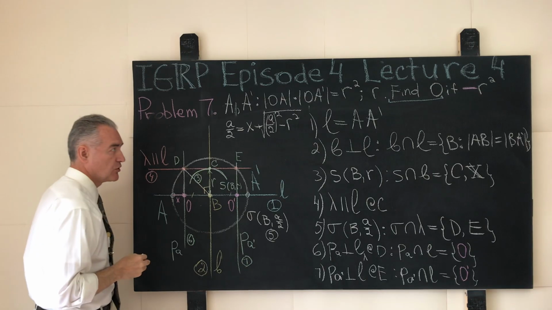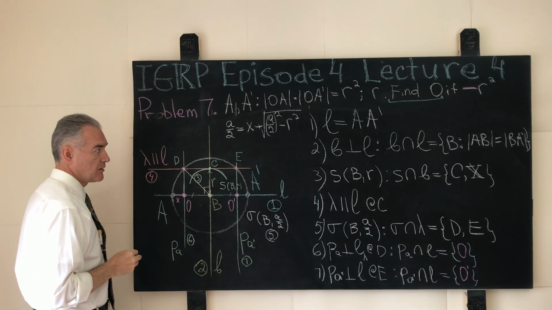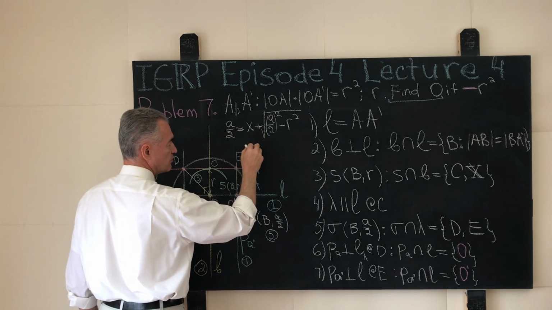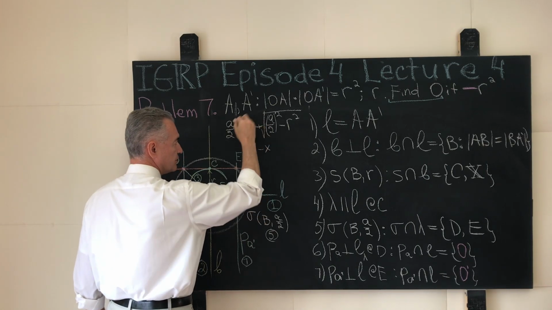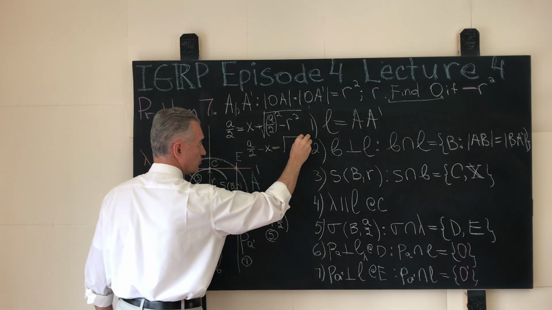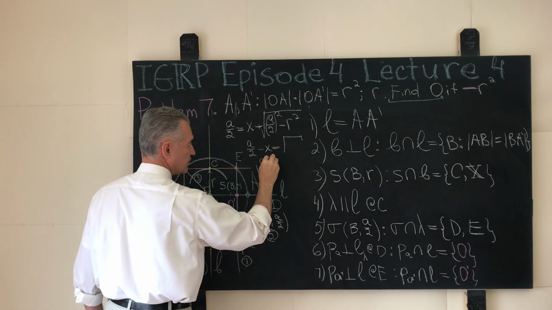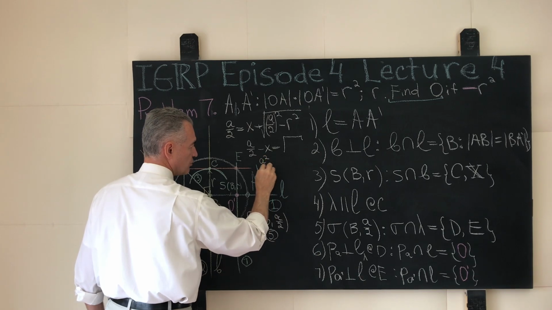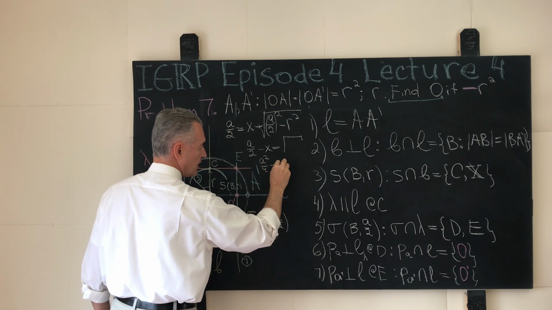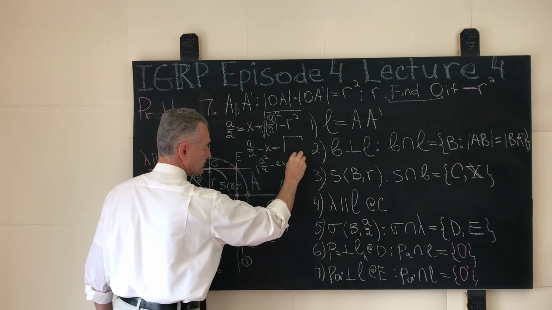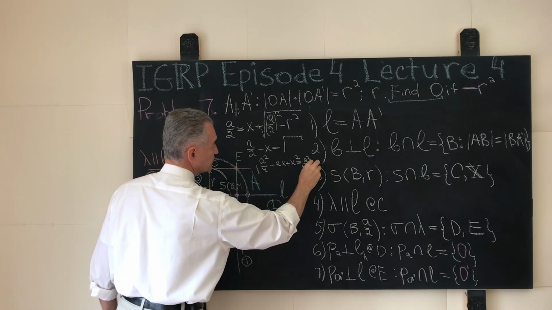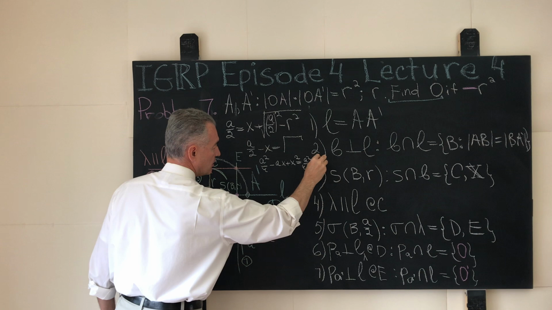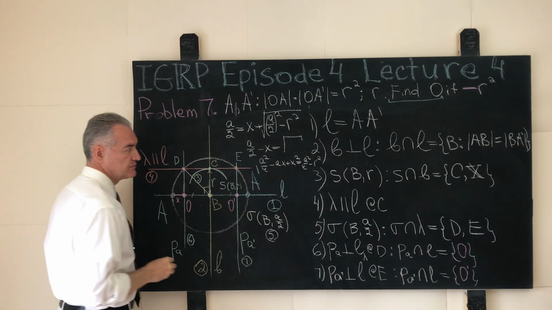And from here onward, we manipulate. We bring, for example, A over 2 minus x to this side. That is equal to this horrible square root. We square both sides. We obtain A squared over 4 minus ax plus x squared is equal to A squared over 4 minus r squared.